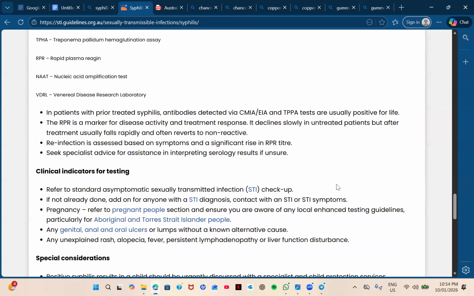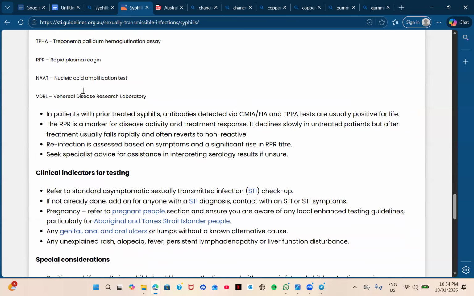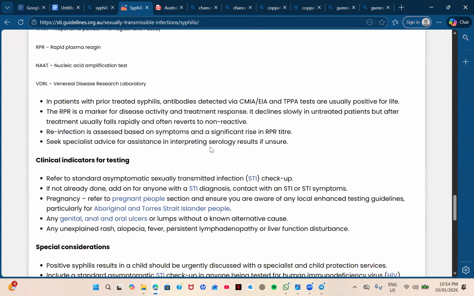And in patients with prior treated syphilis, antibodies detected via CMIA, EIA, and TPPA tests are usually positive for life. Usually they are not asking about this, but just remember the serology and the PCR test.